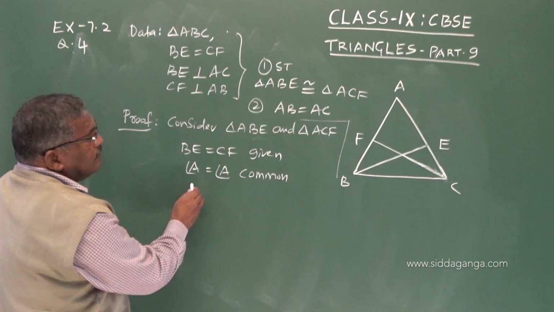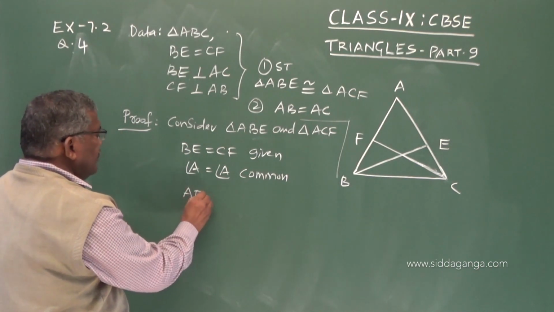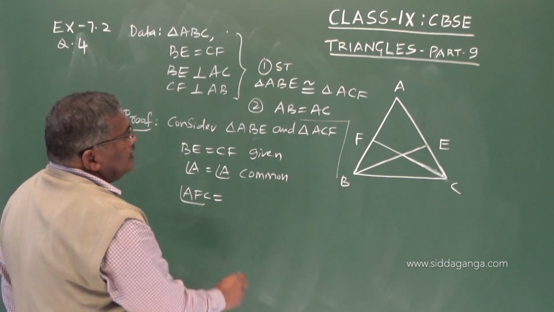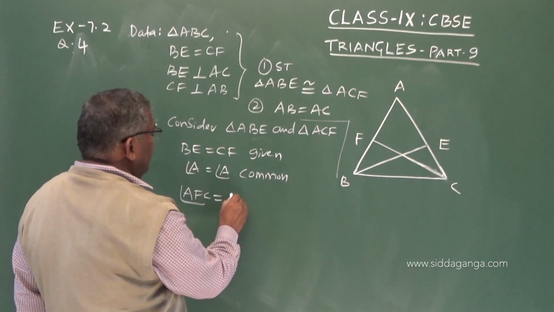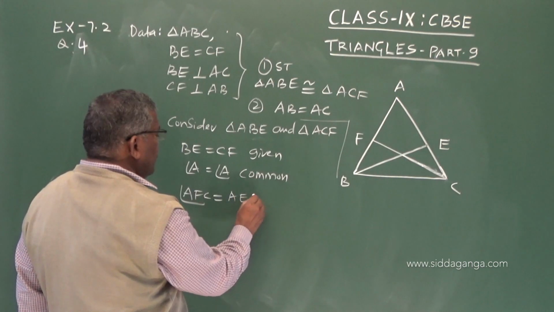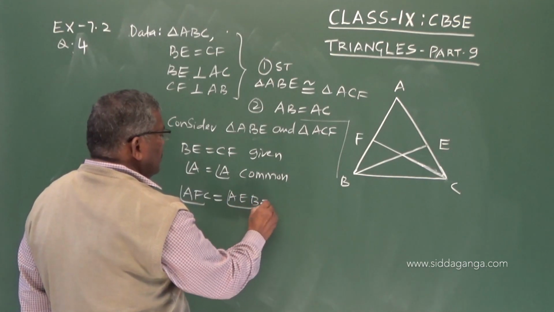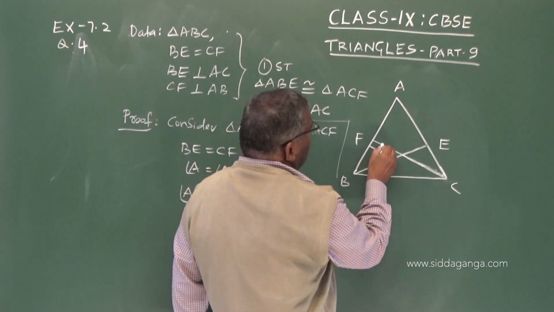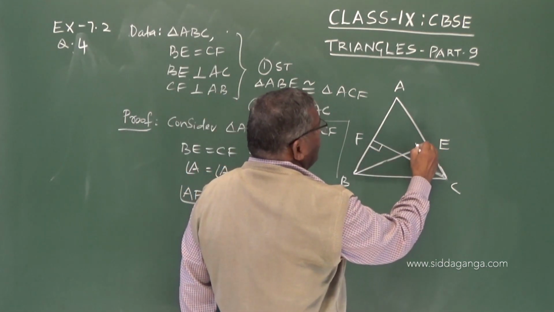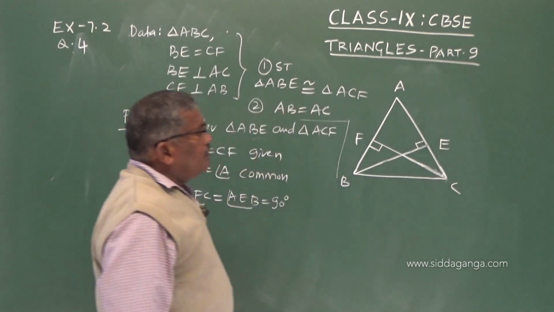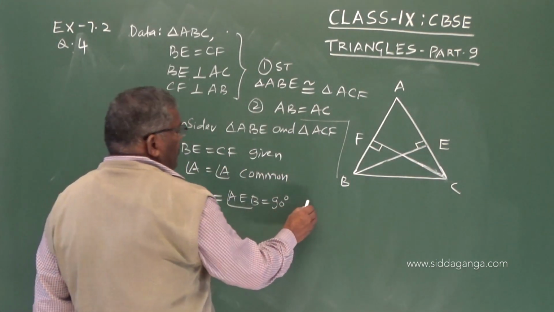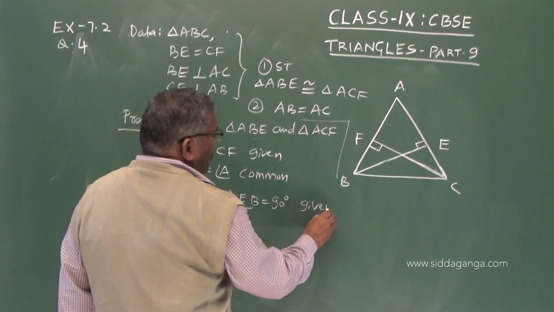And we have angle AFC is equal to angle AEB, equal to 90 degrees, because these two are altitudes. It is given that they are right angles.